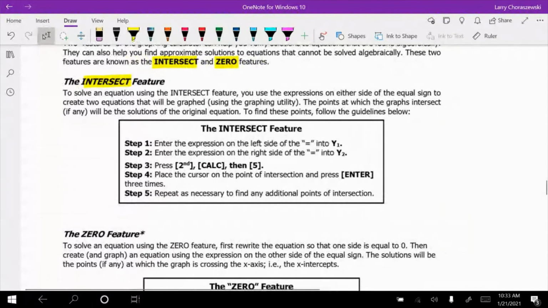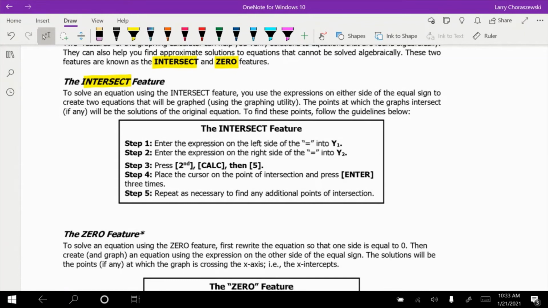For the intersect feature, you opt to use this one if you have expressions on either side of the equal sign. So in other words, if on the left of the equal sign is an expression in x, and on the right-hand side of the equal sign is an expression in x, that's when you probably want to use the intersect feature.